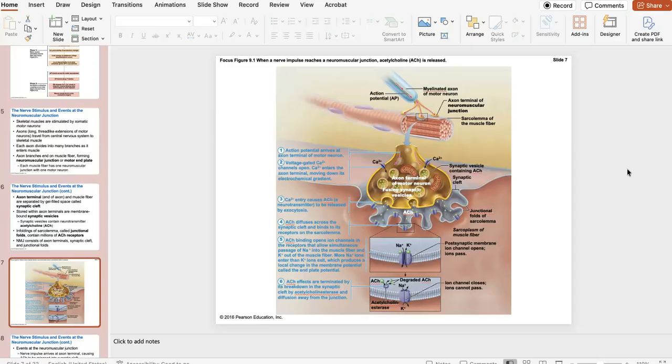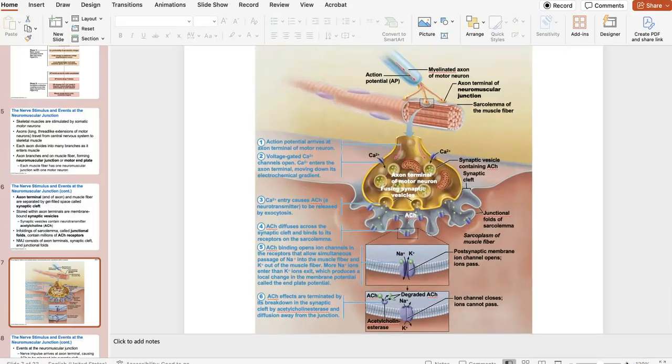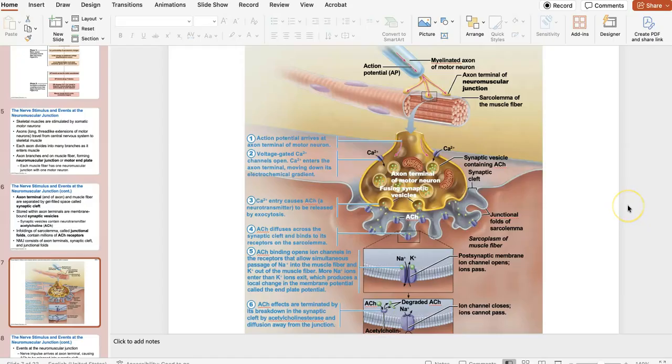What we're looking at is a special type of synapse called the neuromuscular junction. So we have the axon terminal of a somatic motor neuron, and we have the muscle cell here. We can see the sarcolemma, which is the muscle's membrane.